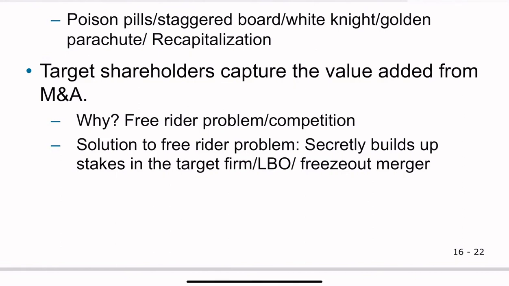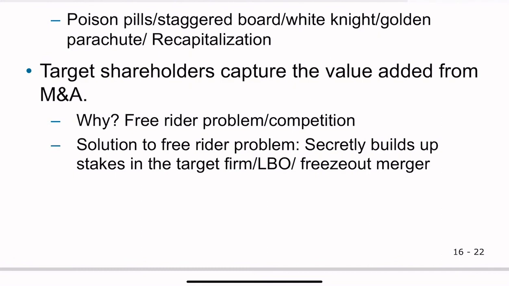So this basically means that if the acquirer acquires the target firm, and this target firm has, let's say, $100 of market value, and let's say the value added from this merger and acquisition is $43, then the target shareholders will capture all this $43.